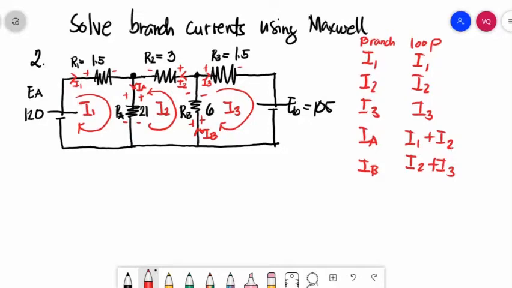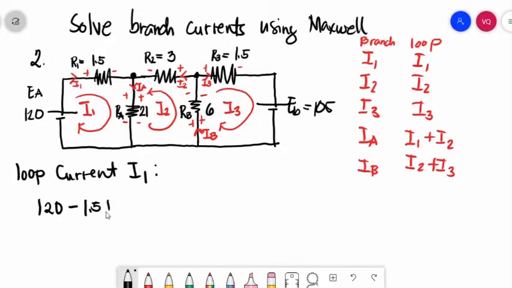Formulate now our equation for loop current I1. Entering into the negative sign of the battery, we will have positive 120, then minus 1.5 I1, minus 21 I1, and also our I2 is entering a positive sign at this side, so minus 21 I2 is equal to 0.